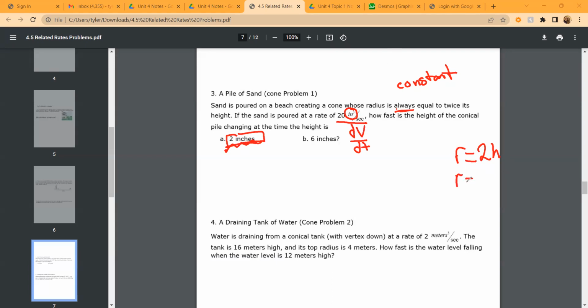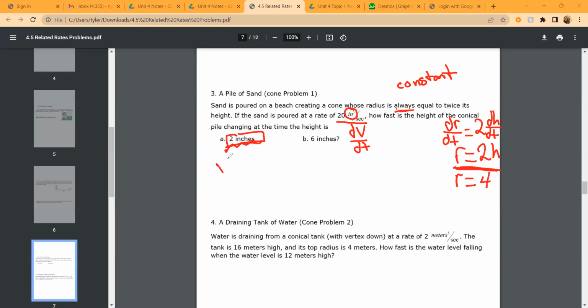This gives us r equals 4. And we can also talk about dr dt, right? We have this relationship. This is always a true statement. And so if we differentiate with respect to time, we know dr dt is equal to 2 dh dt. And again, we're trying to figure out how fast is the height of the conical pile changing.